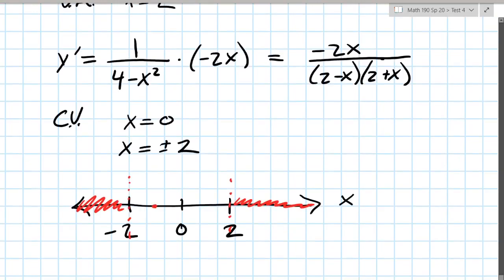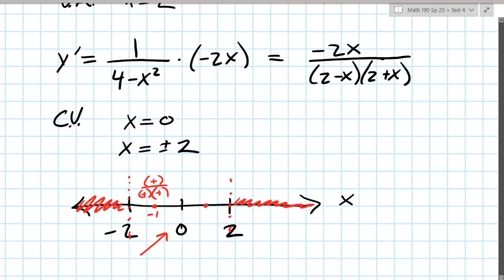So, taking a test value, such as -1, -2 times -1 is a positive number up top, and then 2 minus -1 is positive, and 2 minus 1 is also positive. So we have an increasing function.